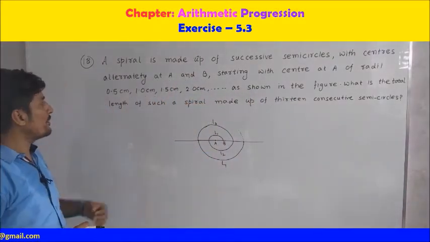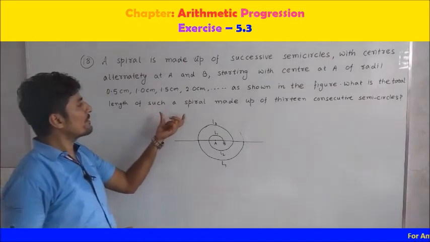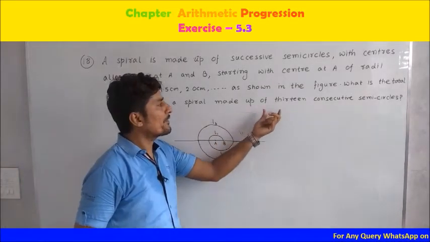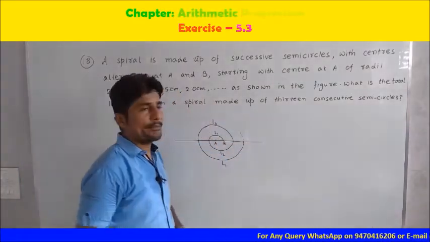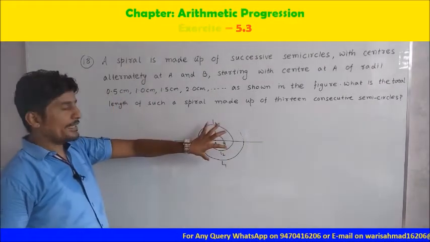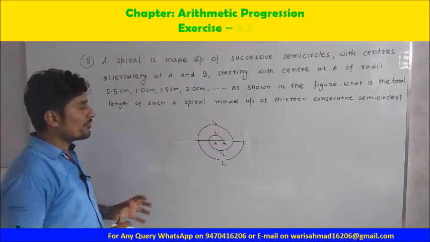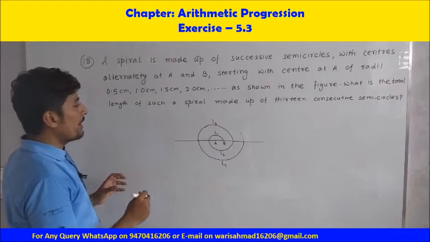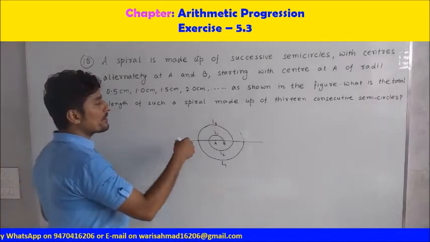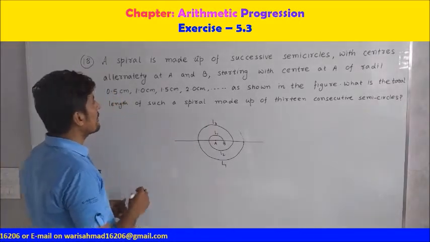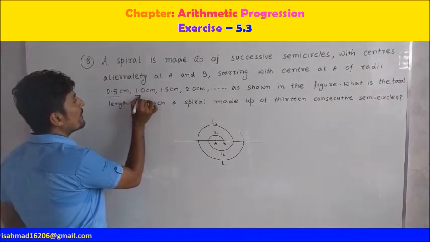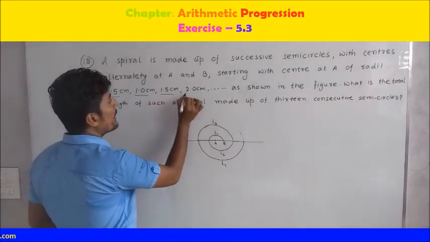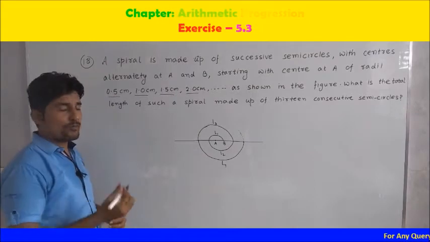Then we have to find the total length of such a spiral made up of 13 consecutive semicircles. So this is the spiral, and in the question it is mentioned that the radii of successive semicircles are 0.5, then 1.0, then 1.5, and then 2.0, and so on.